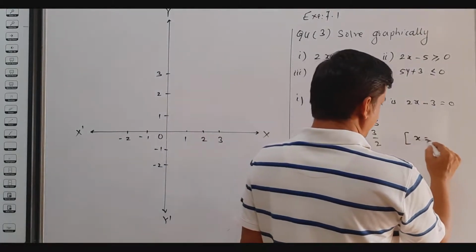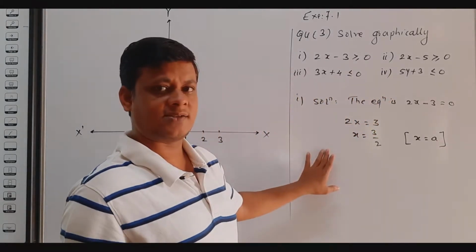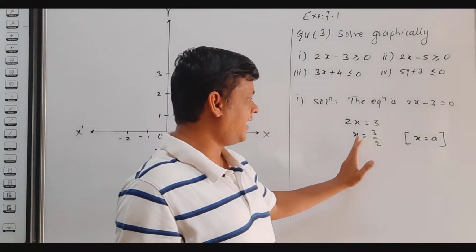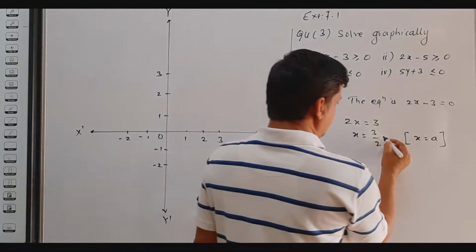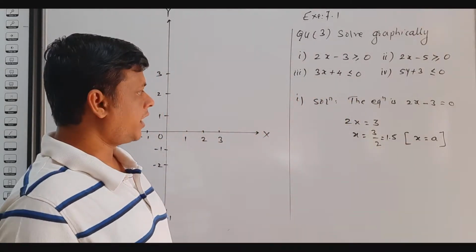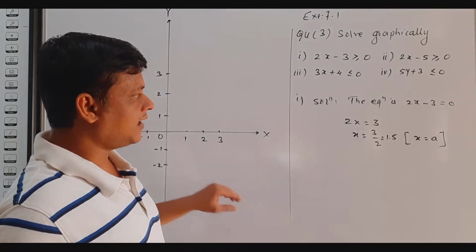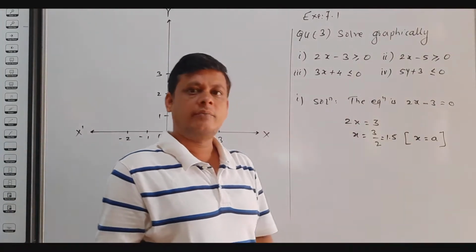So this is of the form x is equal to a, which means the line is parallel to the y-axis, and this line is at a distance 3 by 2, which is equal to 1.5 units. So we have to take a line parallel to the y-axis at a distance of 1.5 units.